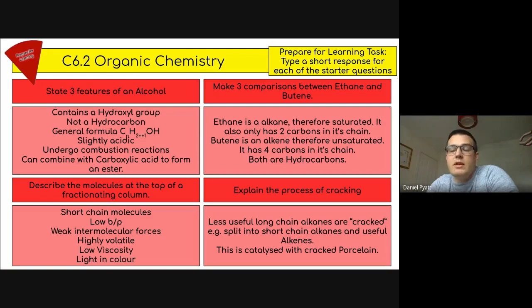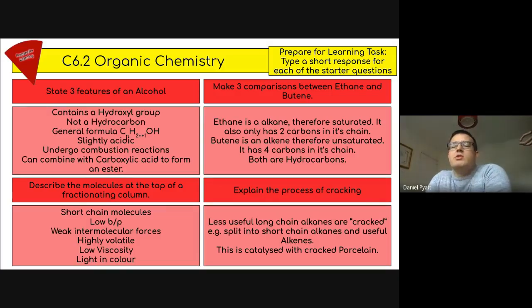The other thing that you can make a distinction about is the first bit of the name, so eth and but. Eth means 2 carbons, so ethane only has 2 carbons, whereas butene has 4 carbons. And the other thing you can say is because they're an alkane and an alkene, they're both hydrocarbons. So that's broadly what you could do.